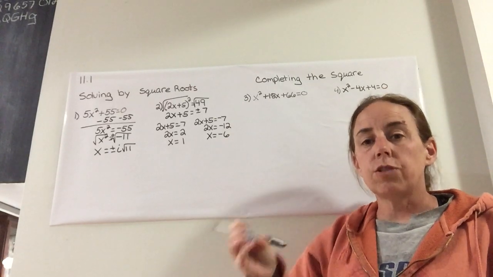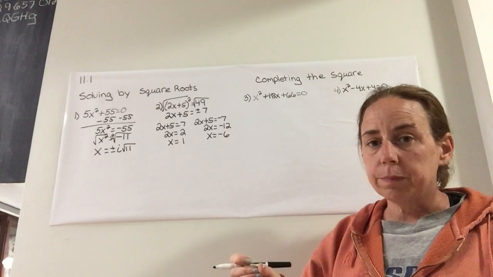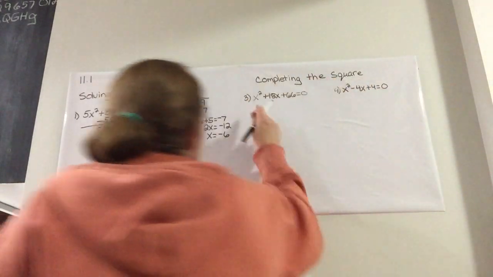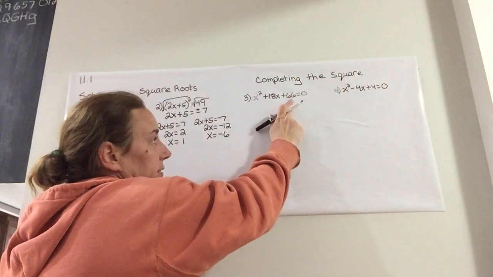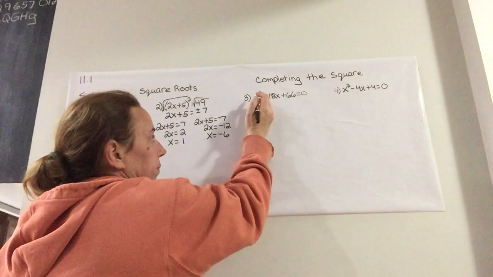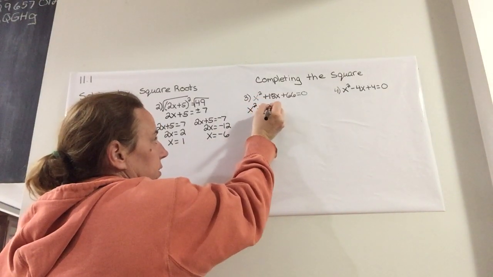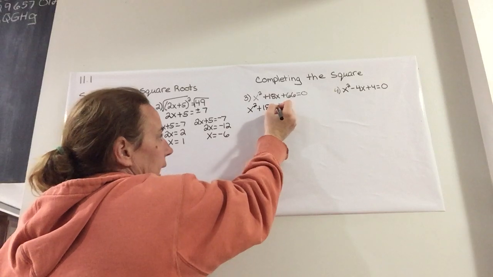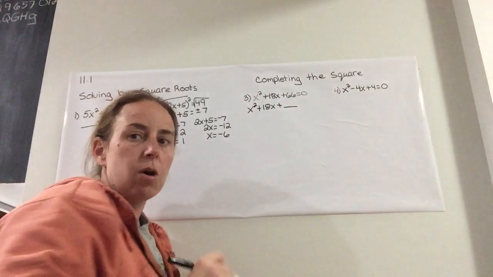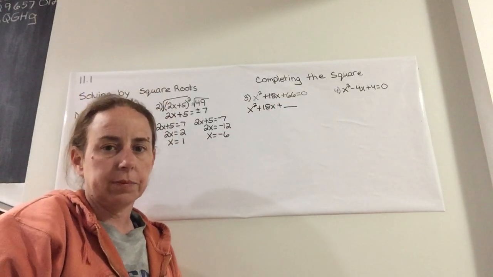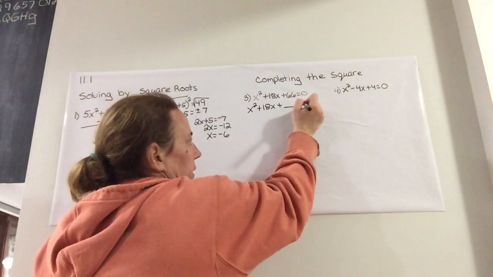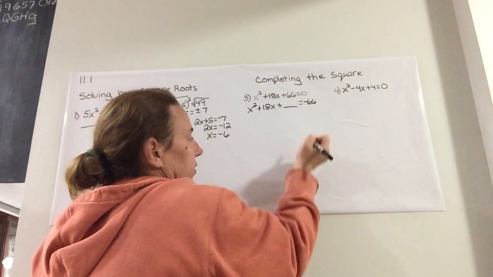Okay? So what you're going to do is move this number to the other side. So I'm going to have x squared plus 18x, and then we're going to be adding something to this side, so I always put a line there, okay? And then we have negative 66.